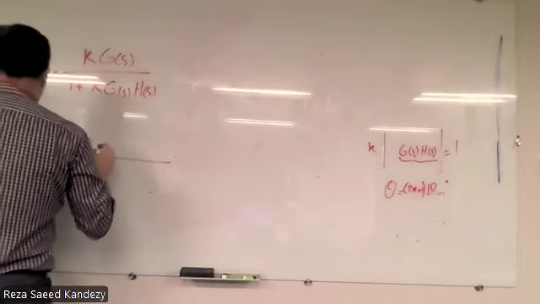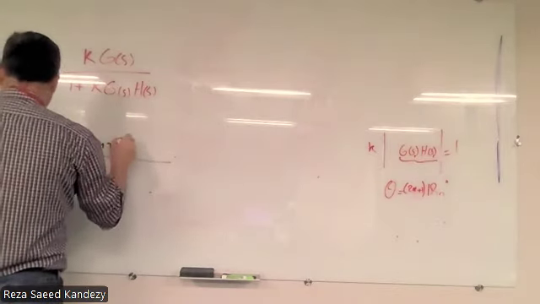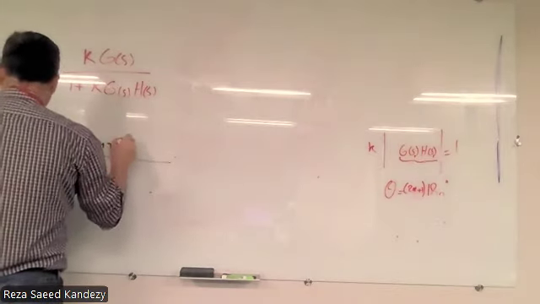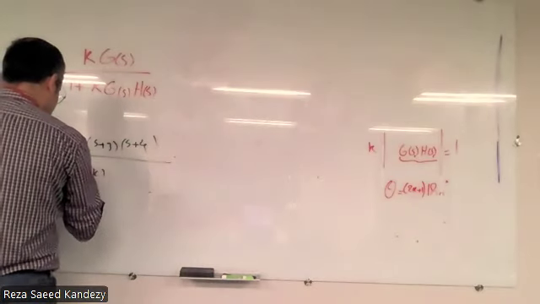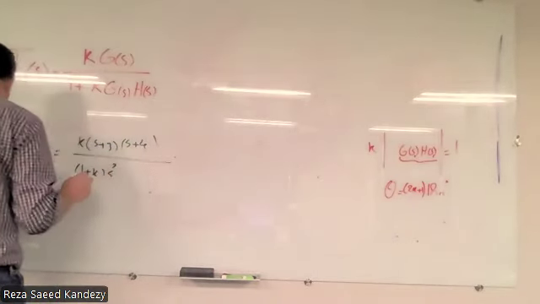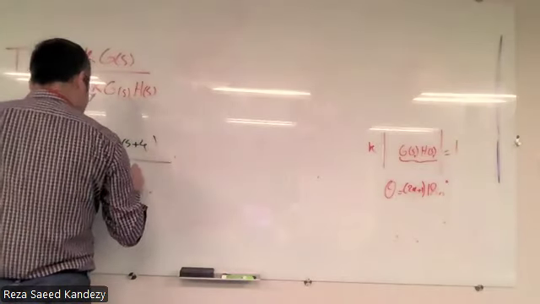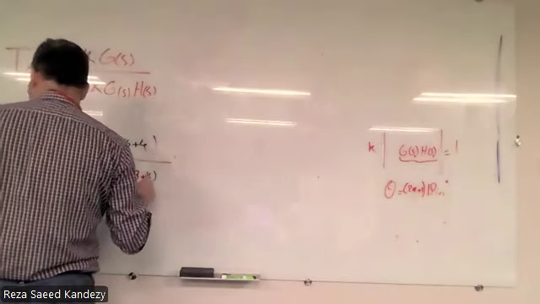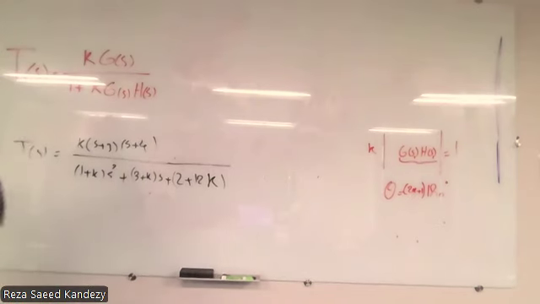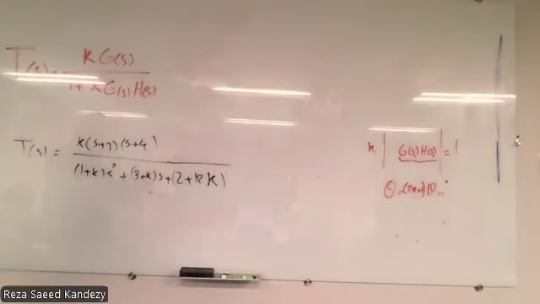So it's going to be K times (S plus 3) times (S plus 4) over 1 plus K S squared plus (3 plus K) S plus 2 plus 12K.